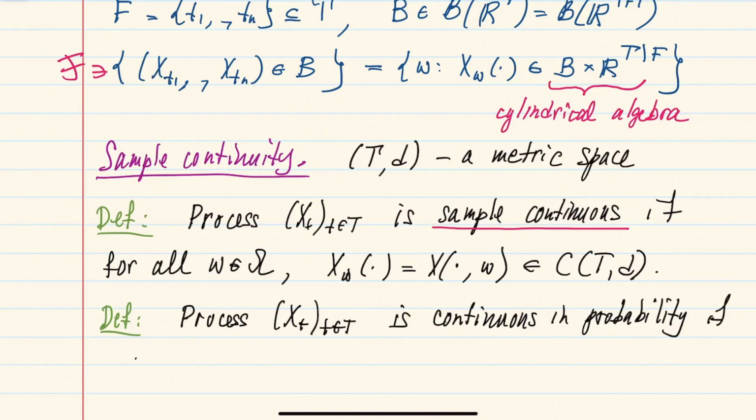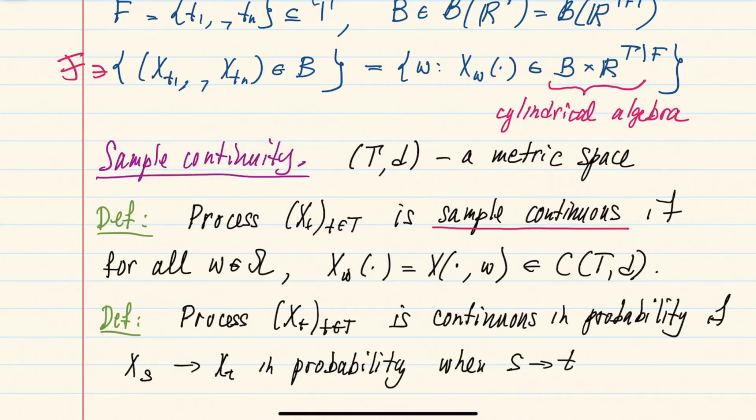This just means that as random variables, X_s converge to X_t in probability whenever s converges to t in this metric space. Of course, this notion of continuity in probability is weaker because sample continuity implies almost sure convergence of X_s to X_t, which of course implies continuity in probability.